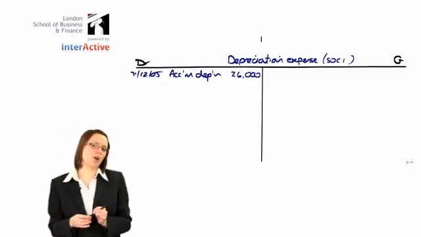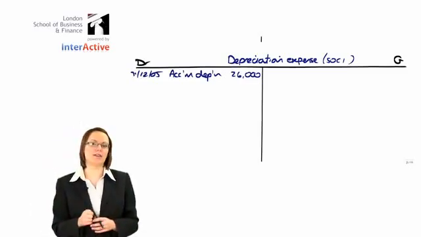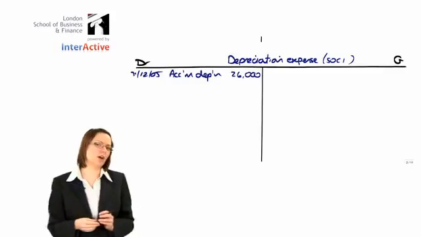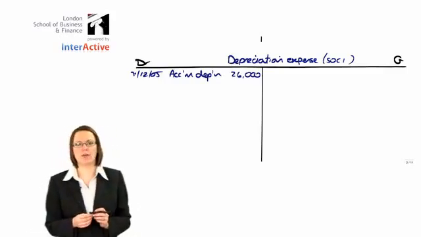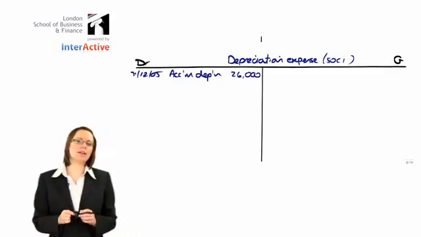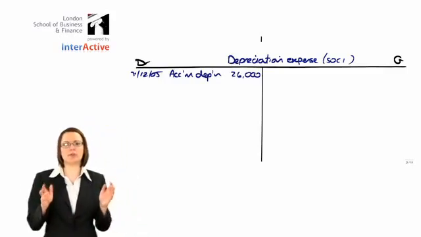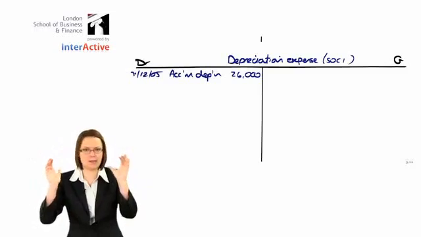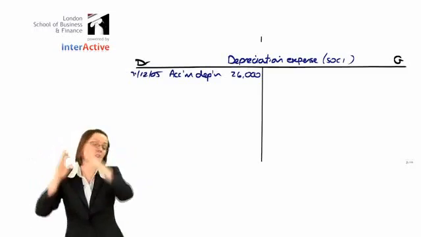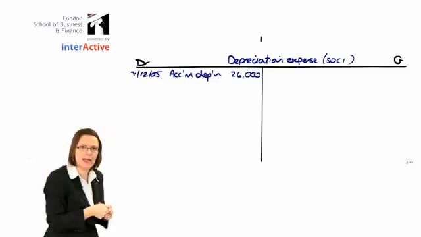Now we need to close off our ledger accounts at the year end. Now let's start with the depreciation expense account. Now the whole idea with any expenses or income is that you're showing expenses or income for one accounting period. So let's say for a year. Remember, it's a moving picture recording all your income and expenses in the year.